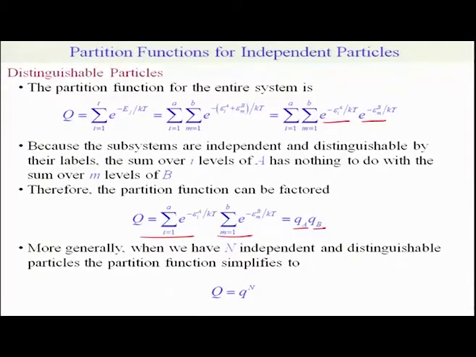So, considering independent particles, you can simply write Q as a multiplication of the partition functions of the subsystems.